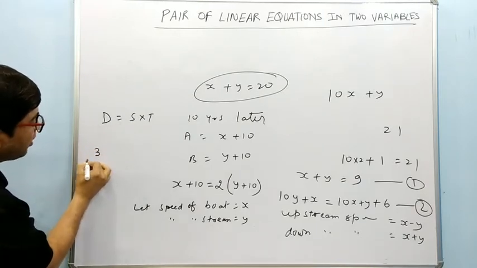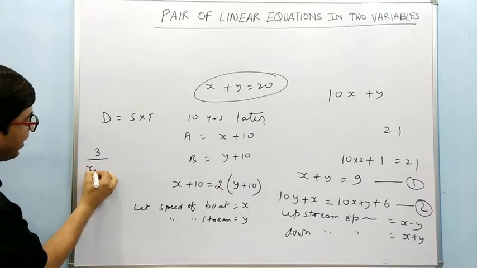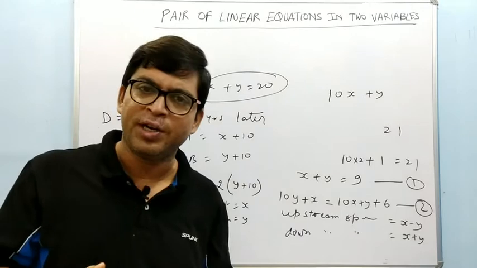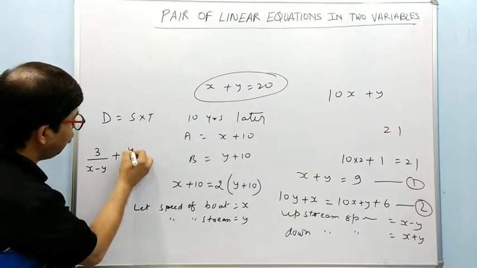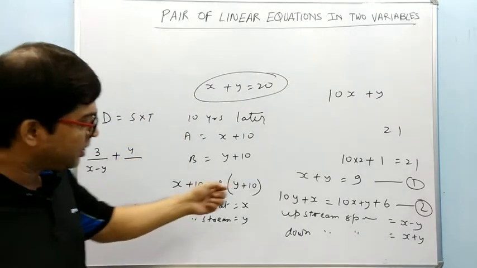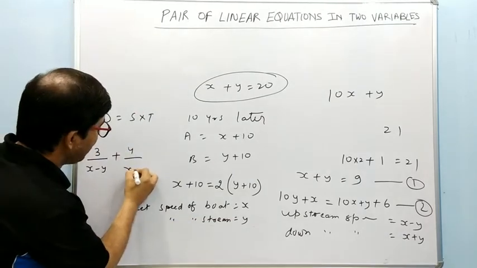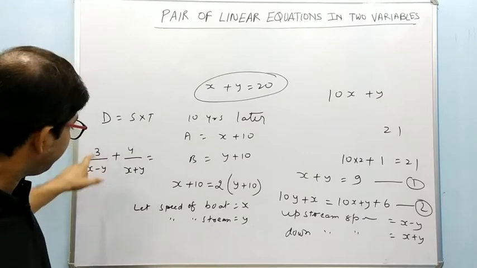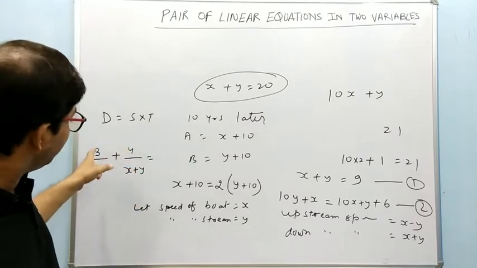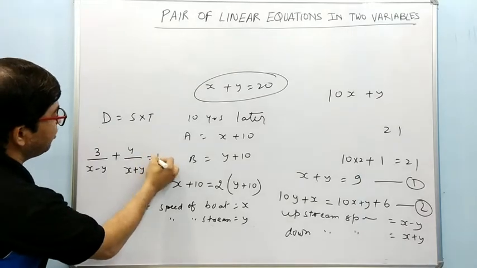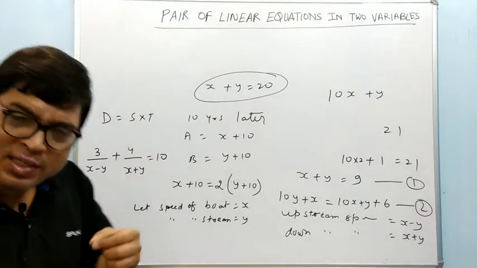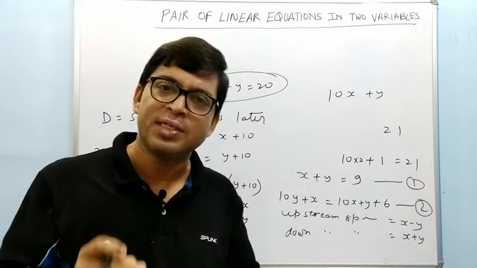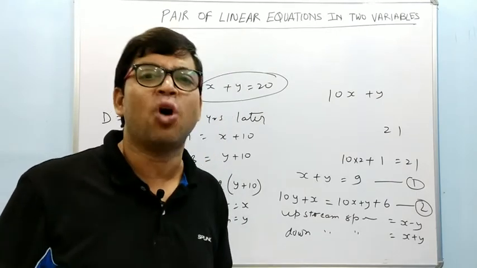Distance is 3, speed is x minus y upstream, plus coming 4 kilometers downstream, 4 is distance and speed is x plus y, and this is the total time. Why? Distance by speed. So if the total time is 10 hours, just write it, forming another equation the same way, whatever conditions are given, and once you are getting two equations in two variables, you can easily solve.